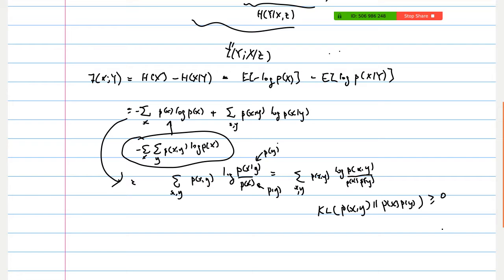Yes, exactly. Also if x and y are independent, then you have p(x,y) equal to p(x)p(y). Then this will be equal to 0. And that actually says that x will be independent of y if and only if I(X;Y) is equal to 0, right?